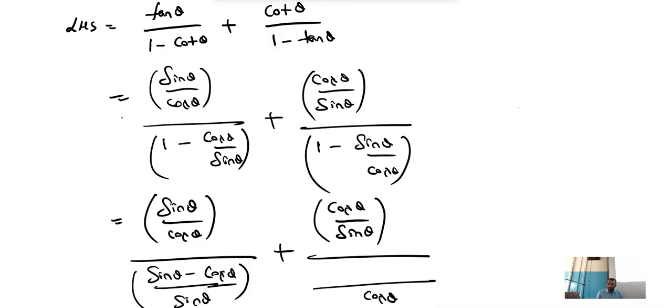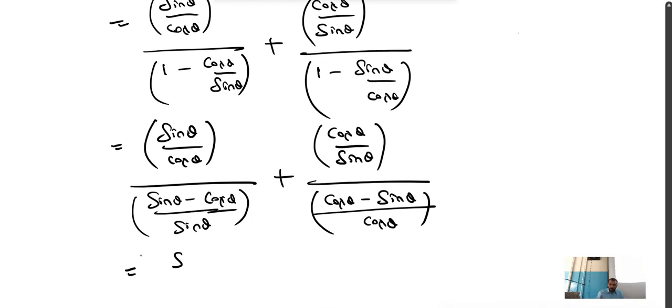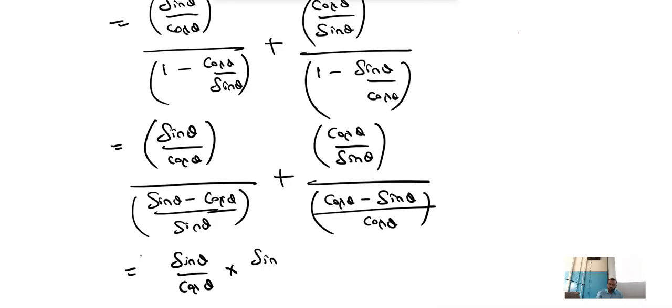Cos theta into 1, cos theta minus sin theta. Over. Now, sin theta by cos theta. Shall we take the whole denominator to the numerator? So it becomes into sin theta by sin theta minus cos theta.